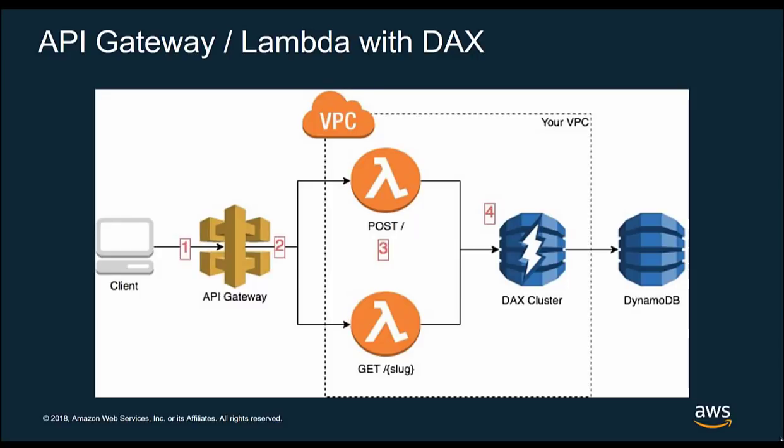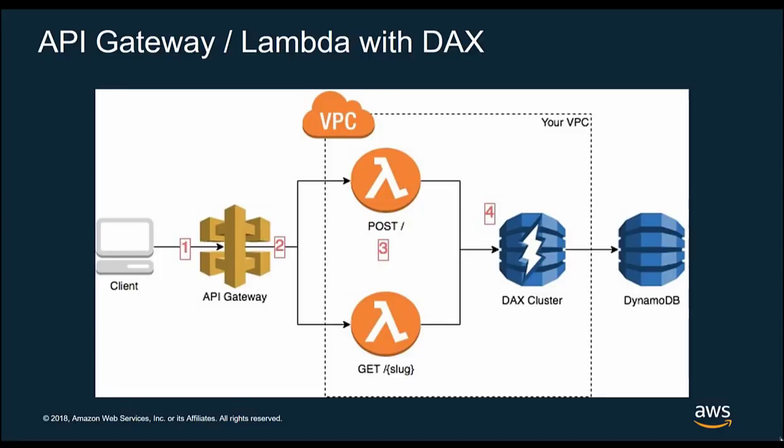Now, here's another architecture we can look at, which is leveraging the API gateway with Lambda and DAX. So let's say that you're building a serverless application, right? Your application makes an API call through the API gateway. That API gateway call is backed by a Lambda function, for both a post and get, right? And so then those Lambda functions, they talk directly to the DAX cluster. And that DAX cluster will manage the caching, and it will handle both the reads and writes into that DynamoDB table.